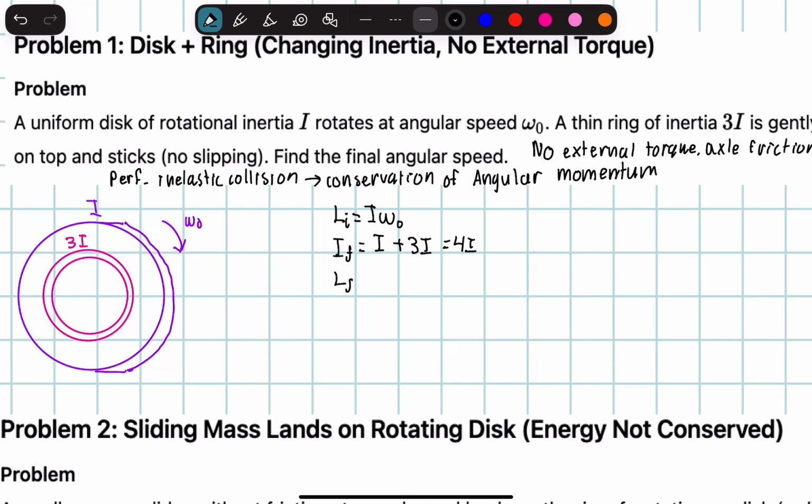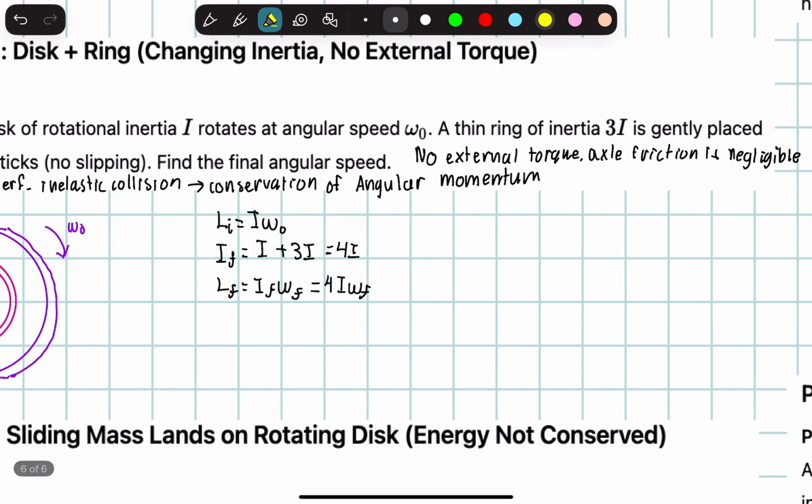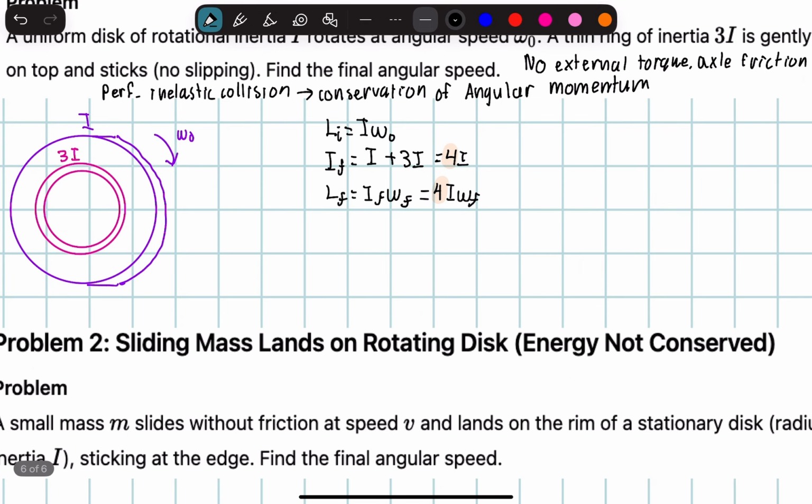Lf is going to be If times omega f, which is 4 times I times omega f.